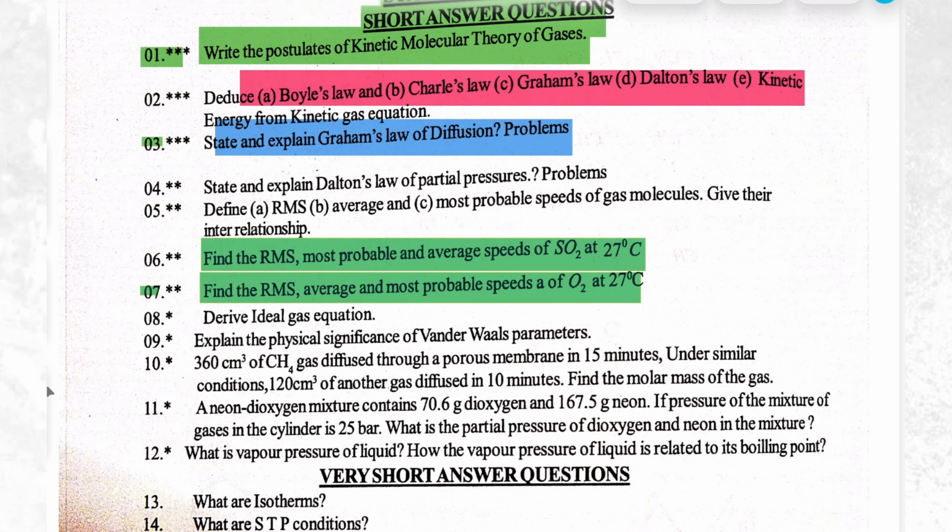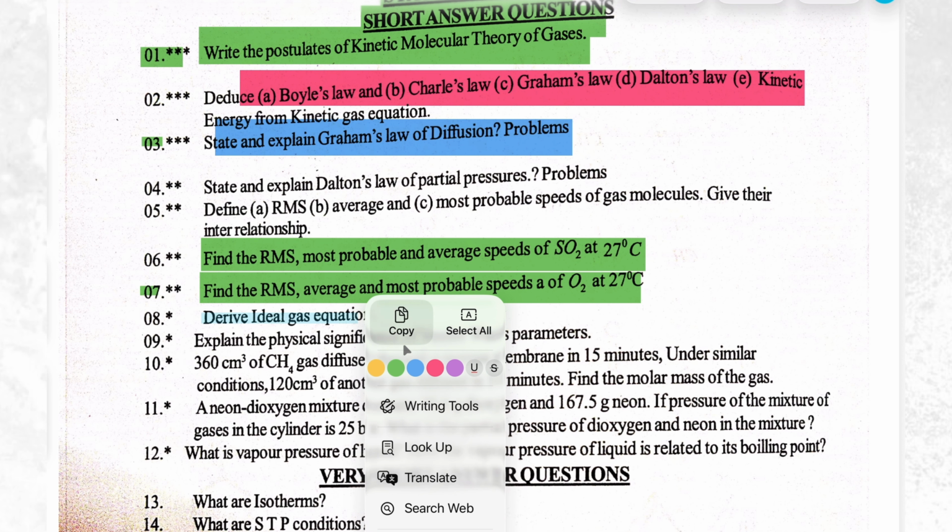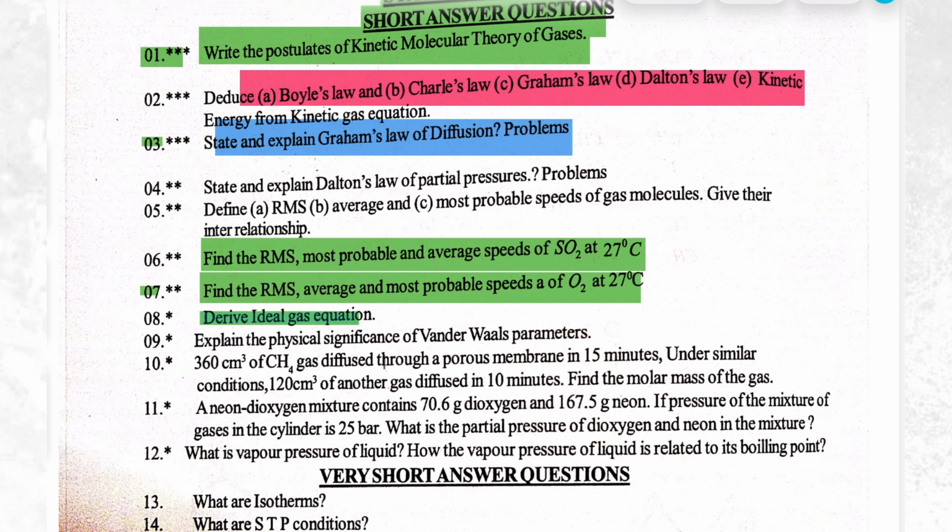Under root, some value will be there: under root 3RT by M. So be careful while doing this problem. Okay, this is most important: derive the ideal gas equation. This question has been asked so many times. Compulsory question.